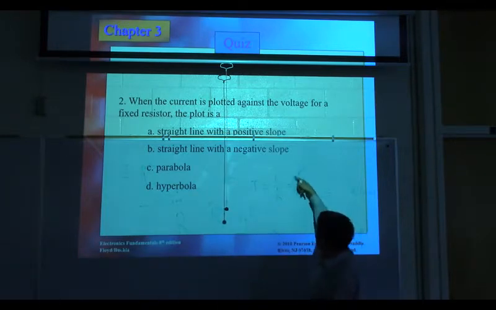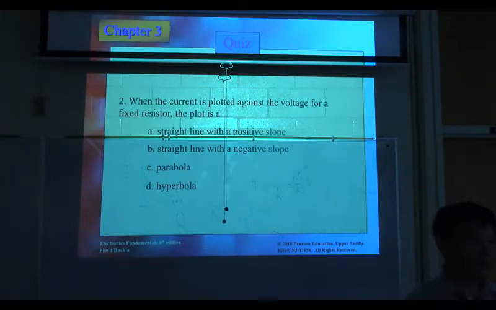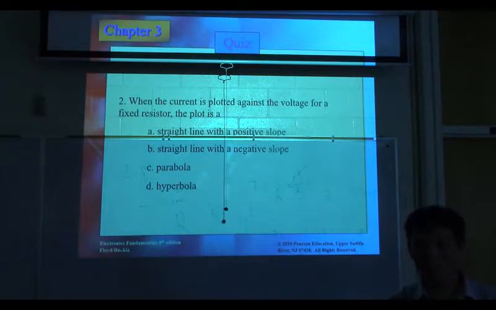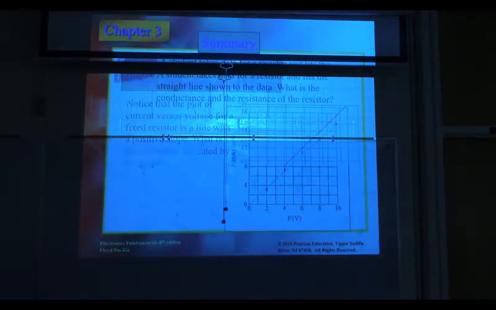What is this? 1 over resistance. Conductance. That is G. Yes, start with C. The inverse of resistance is conductance. Alright? So remember this when we calculate in the examples.